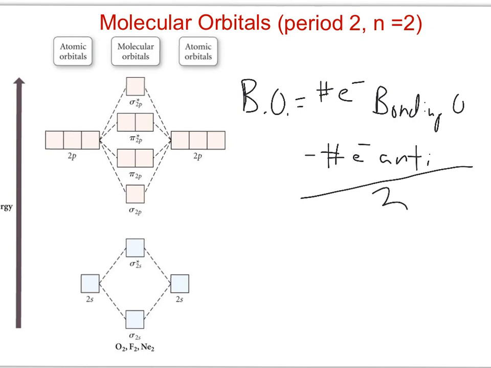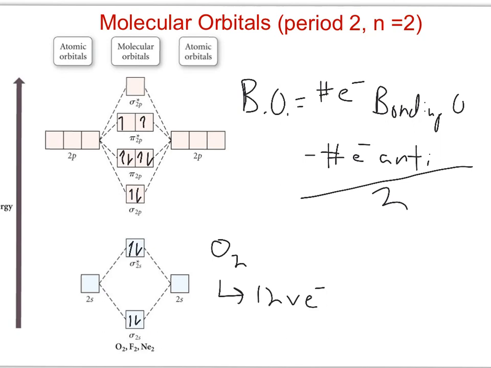So if we look at molecular oxygen, O2, it has 12 valence electrons. And we do our Aufbau principle build up: 1, 2, 3, 4, 5, 6, 7, 8, 9, 10, 11, 12.